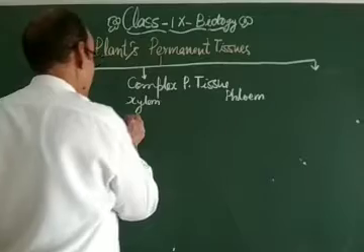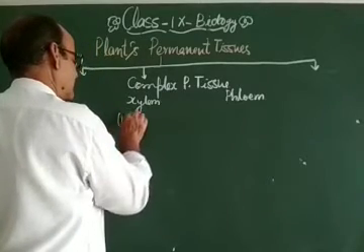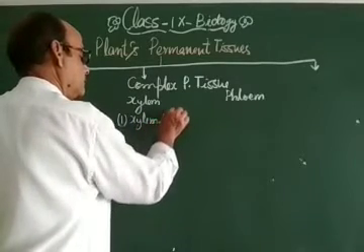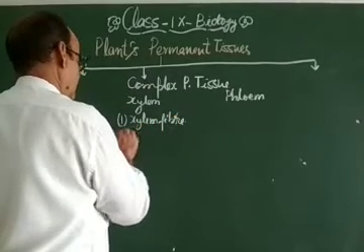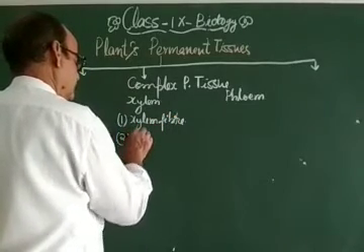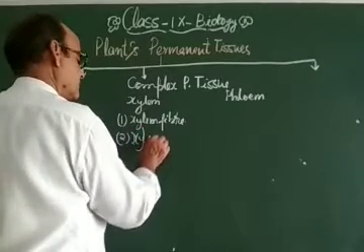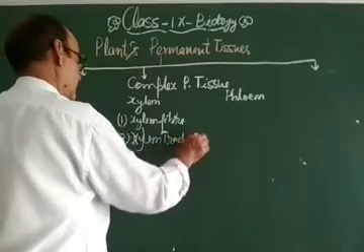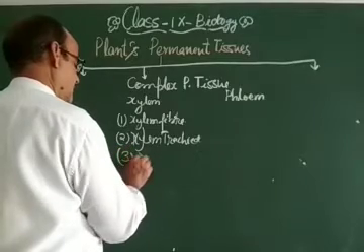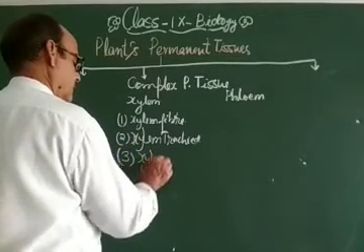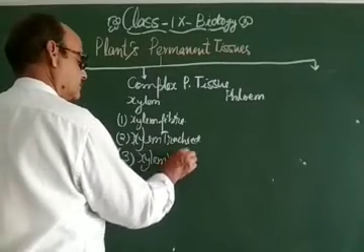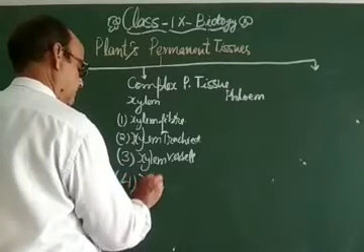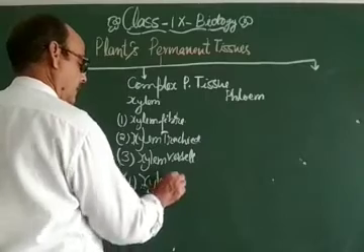This xylem is made up of four parts: first, xylem fiber; second, xylem tracheids; third, xylem vessels; and fourth, xylem parenchyma.